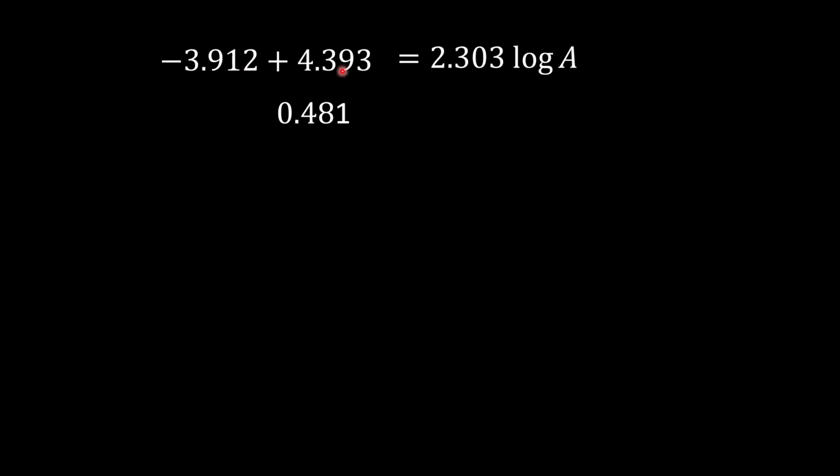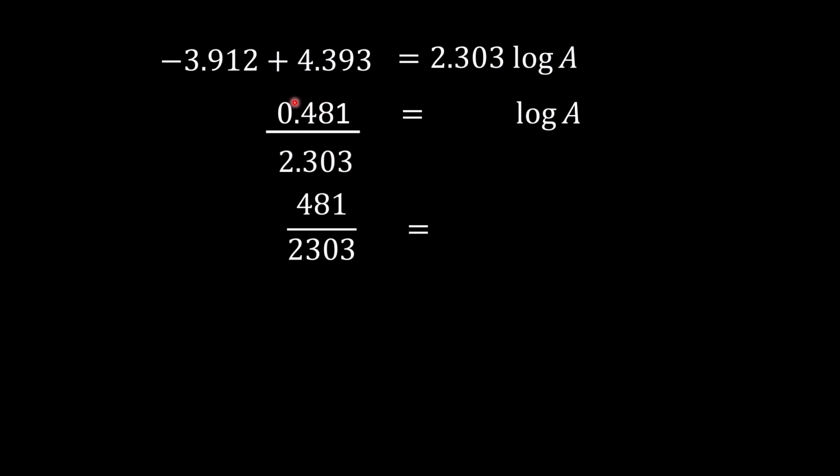Next, subtracting these values we obtain 0.481. Here bringing this 2.303 on the left hand side, we get log A value. After the decimal point, three numbers are present on both numerator and denominator. So we can consider this fraction as a whole fraction, that is 481 by 2303 is equal to log A. And simplifying this value, we get 0.2088 is equal to log A.